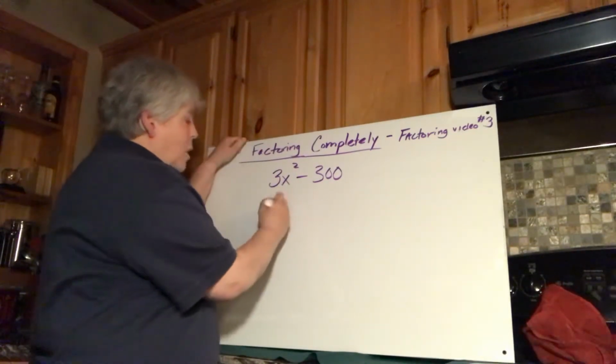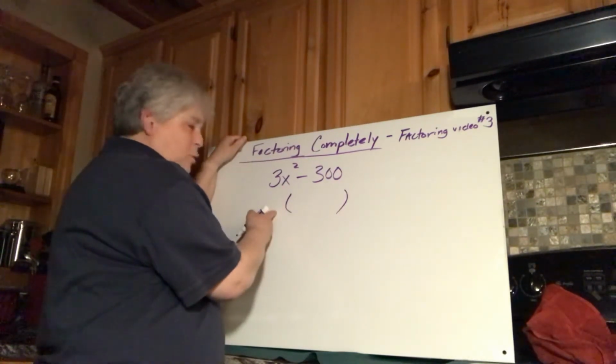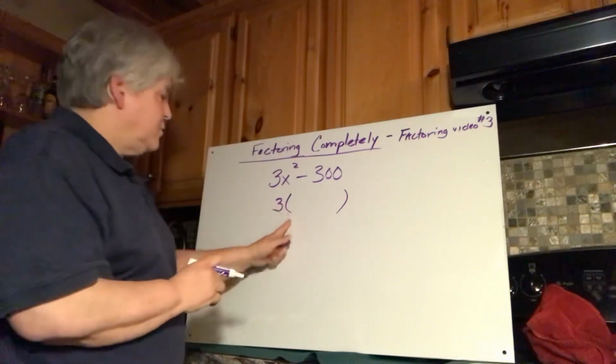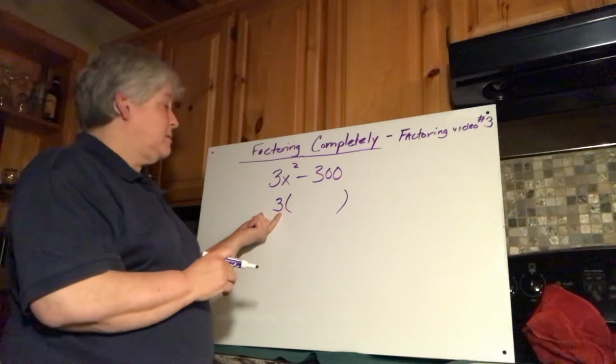So we drew one set of parentheses, and the common factor went out in front. This is the one type of factoring where you use just a single set of parentheses and you put the greatest common factor out in front.